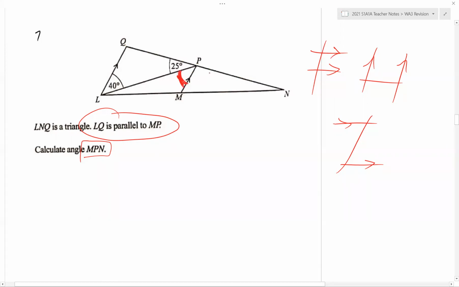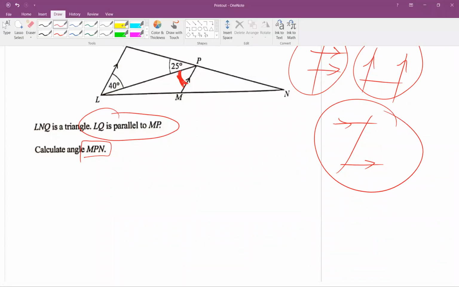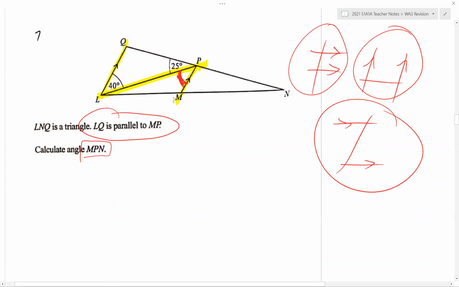LPM. Because there are parallel lines, can you find one of these letters? Yes. What is the letter that you see? Letter Z. Can you see letter Z? Which are the angles I'm interested in? The letter Z. In this case, it will be the 40 degrees as well as my unknown.